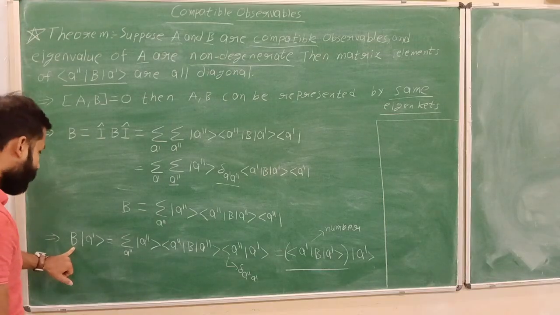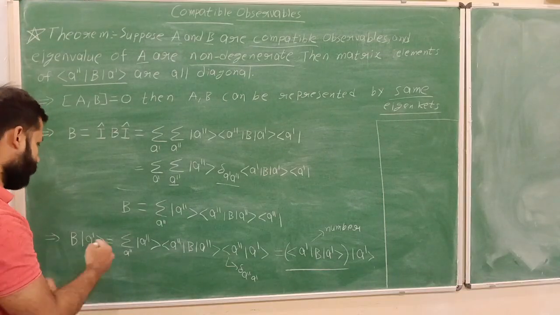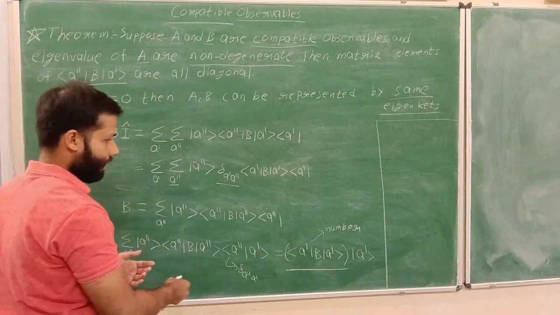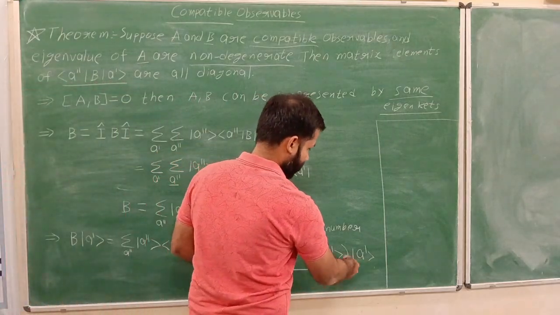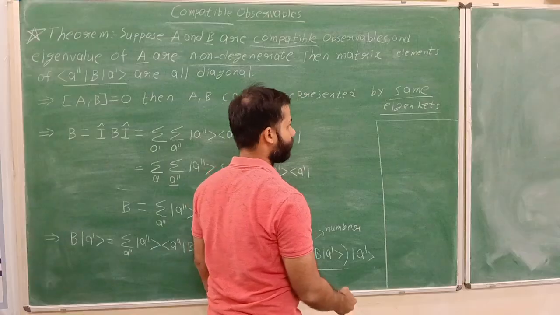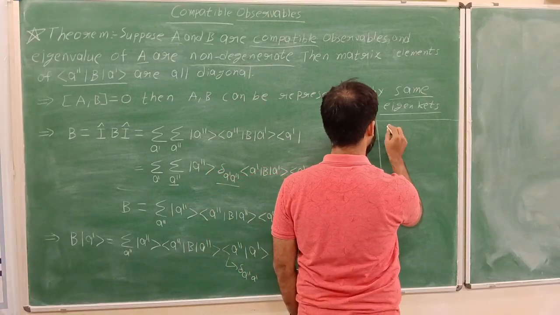It turns out that B can at the same time operate on A prime and give me the same vector.